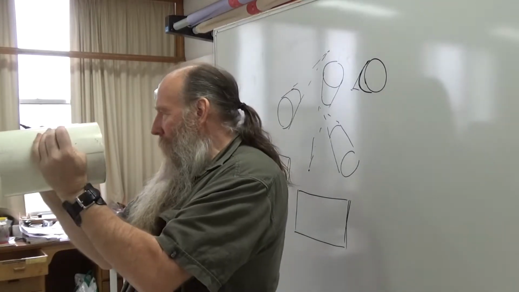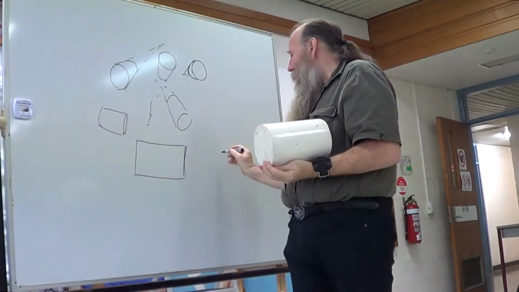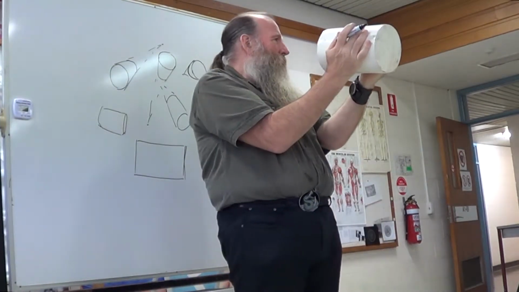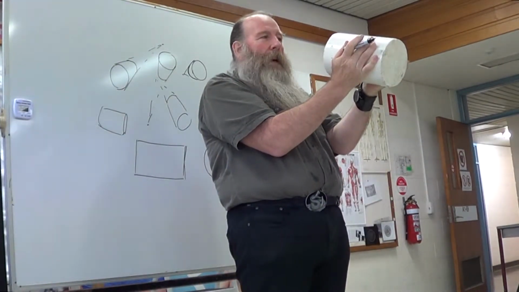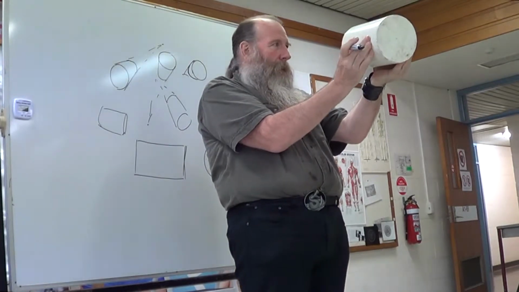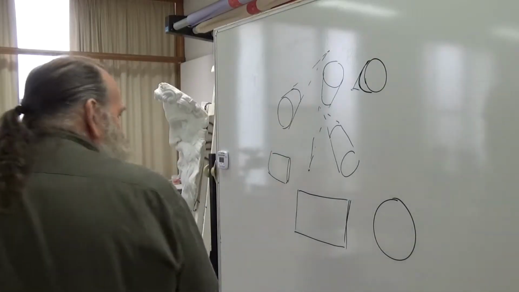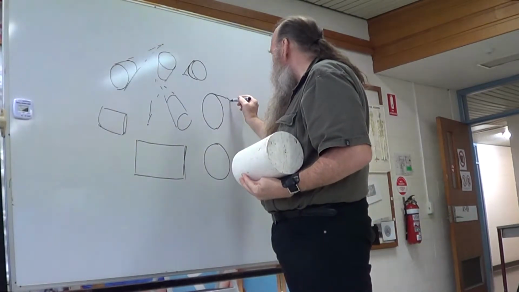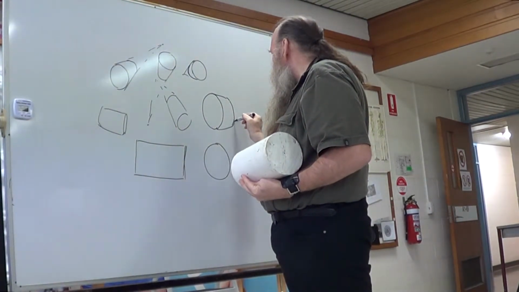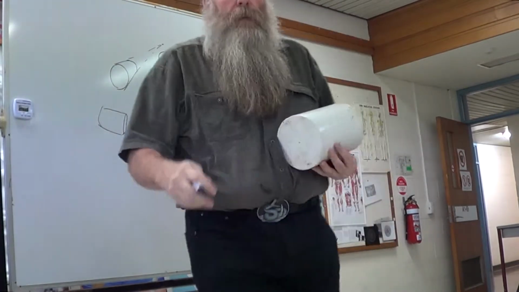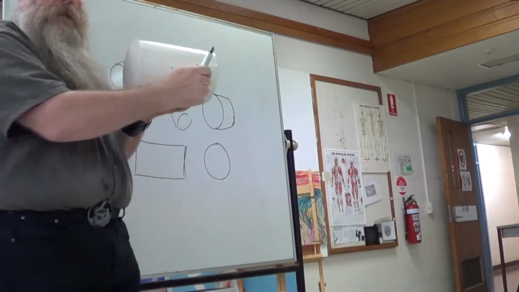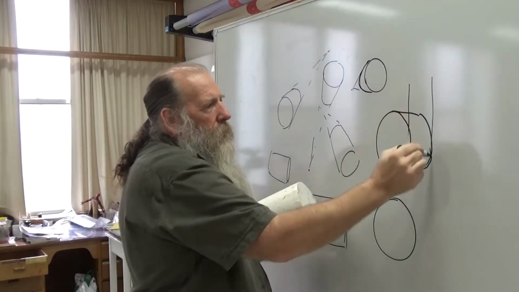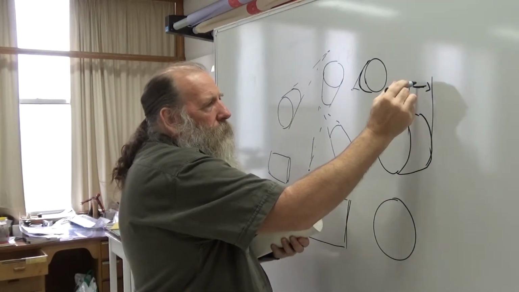If I look at it like that, I'm seeing the end, I'm not seeing anything else, I'm just seeing a circle. If I look at it like this, now what I'm seeing is this. So this side here has been shortened to that.